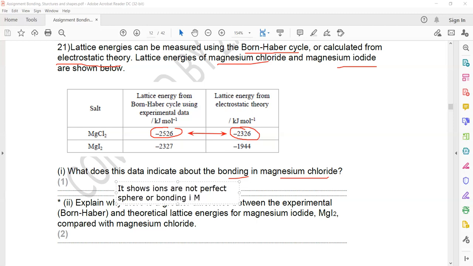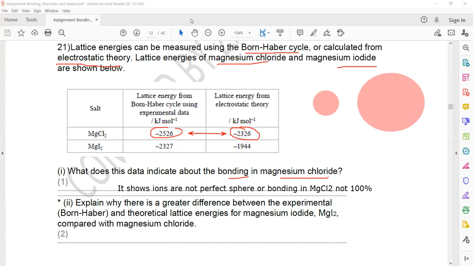The bonding in magnesium chloride, MgCl2, is not 100% ionic. Because of distortion, there is a covalent character. So basically, if this is a magnesium ion and then the chloride ion, the chloride ion is distorted or polarized due to magnesium. So that's why we find the difference in the theoretical and the experimental value of the lattice energy. Is it clear?